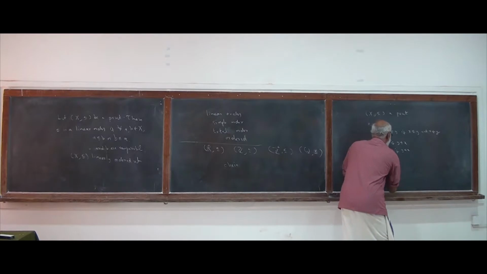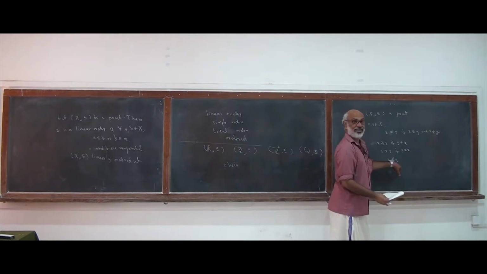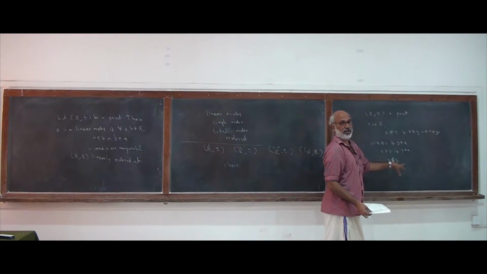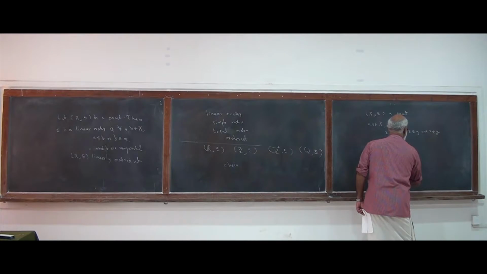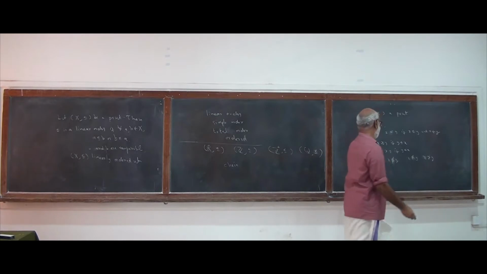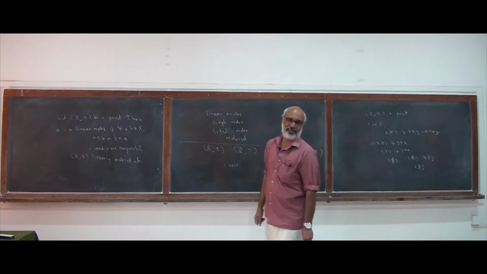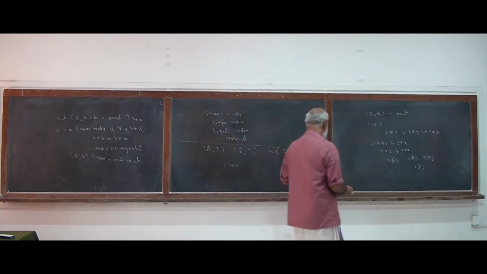That is, you write less than or equal to, then cut it. This means x is not less than or equal to y. That is, the statement x less than or equal to y is not true. And you can also use symbols like x not less than y, x not greater than y, x not greater than or equal to y. These relations can also be defined in any partially ordered set.